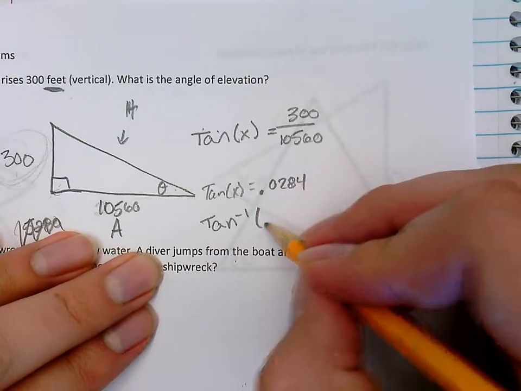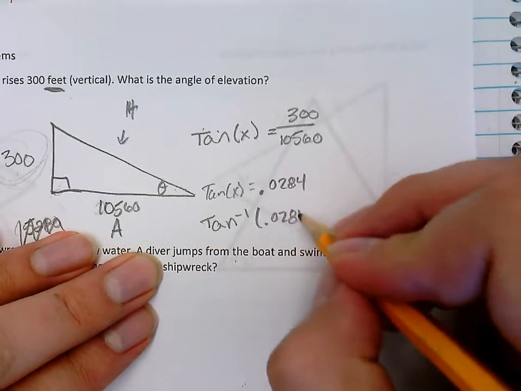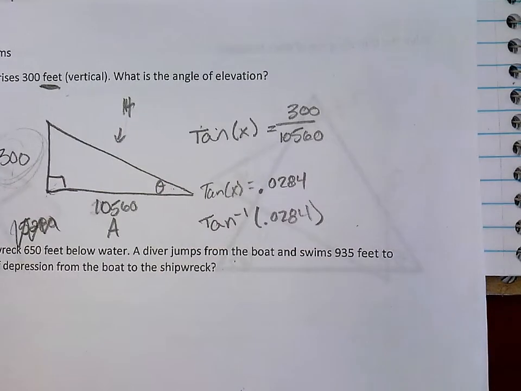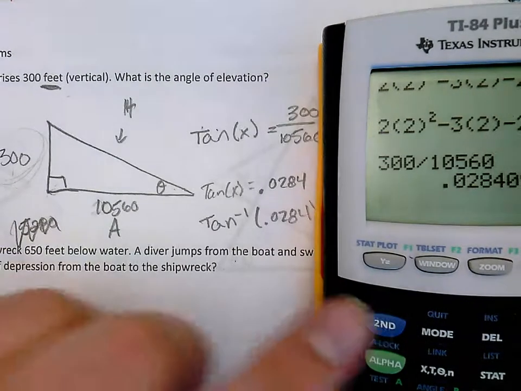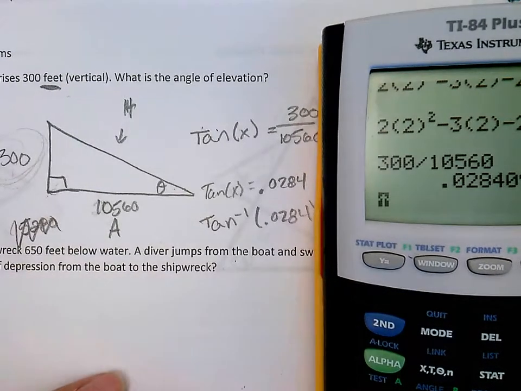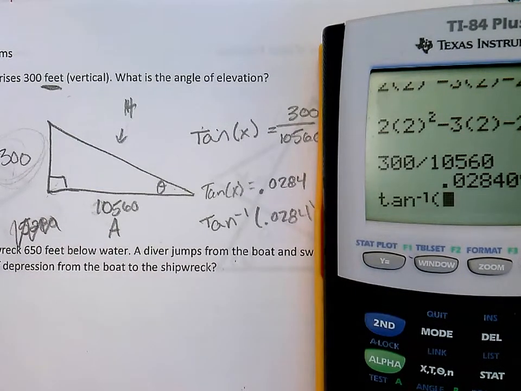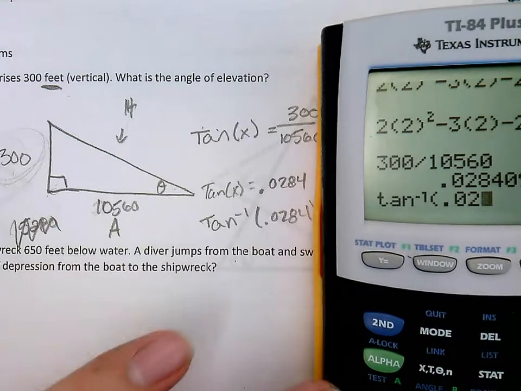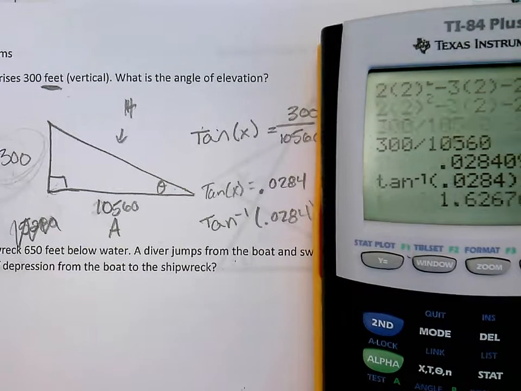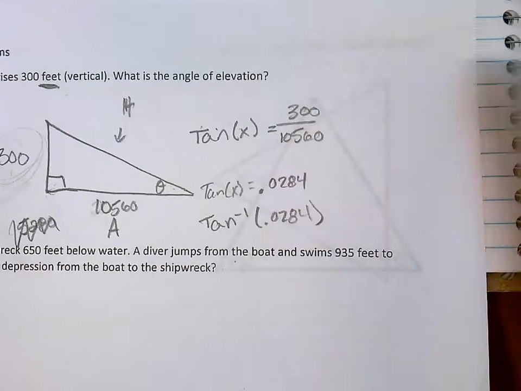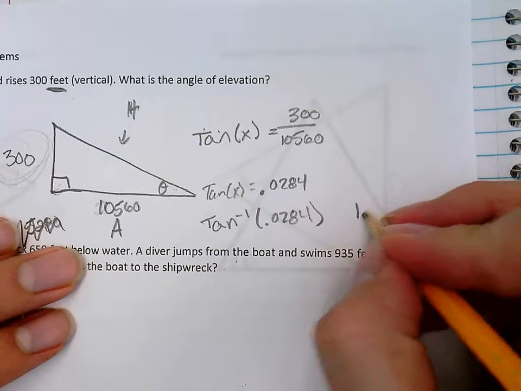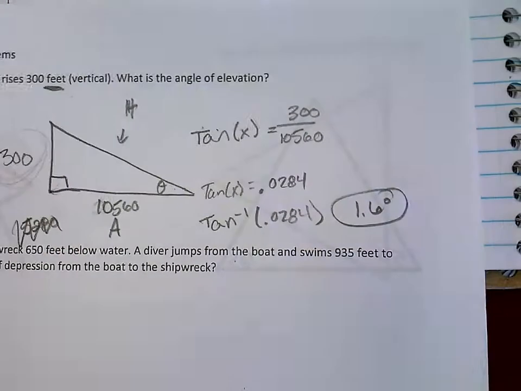And I have to put this little decimal inside of it. Now this trick is going to help me later when we get to the law of sines, but right now I just want to do this. So we press the second button, we press tangent. Okay? And we're going to put in that decimal, 0.0284, close the parentheses, press enter. What that tells me is that we're going up at an angle of 1.6 degrees. It's a very slight angle.